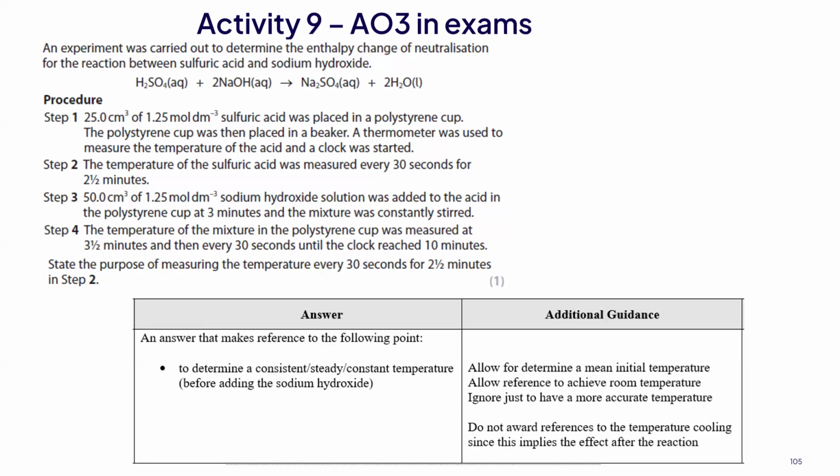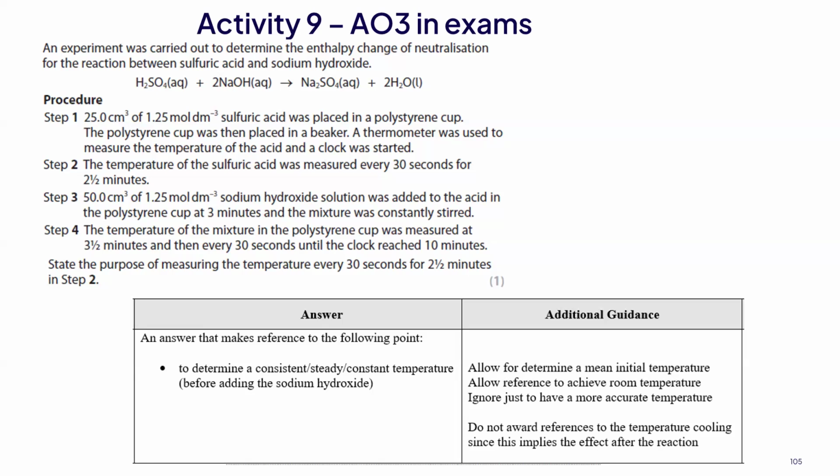So let's look at the additional guidance. Allow to determine a mean initial temperature. Allow reference to achieve room temperature. Ignore just to have a more accurate experiment. Do not award references to temperature cooling, since this implies the effect after the reaction.